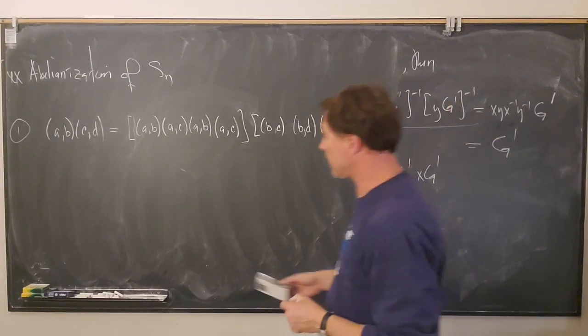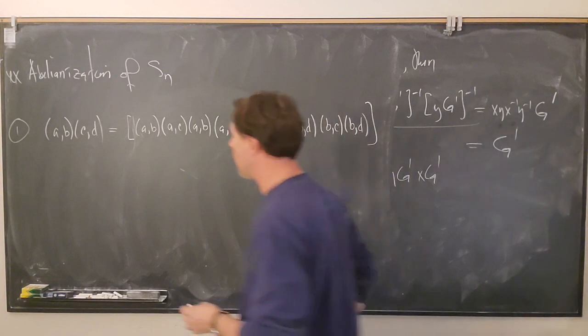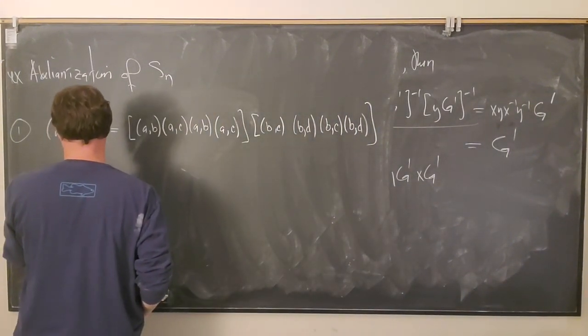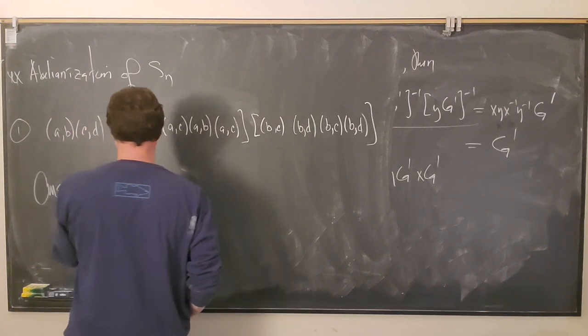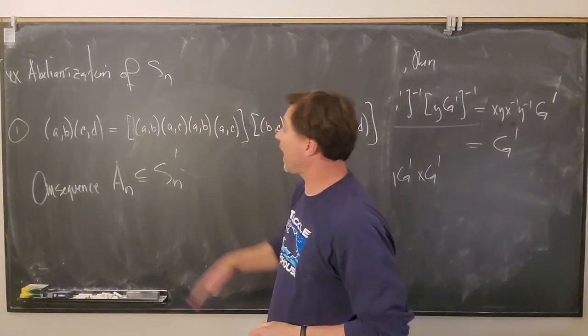And notice, what is each one of these? These are each commutators. So as a consequence, An is contained in Sn prime. What do we have here?